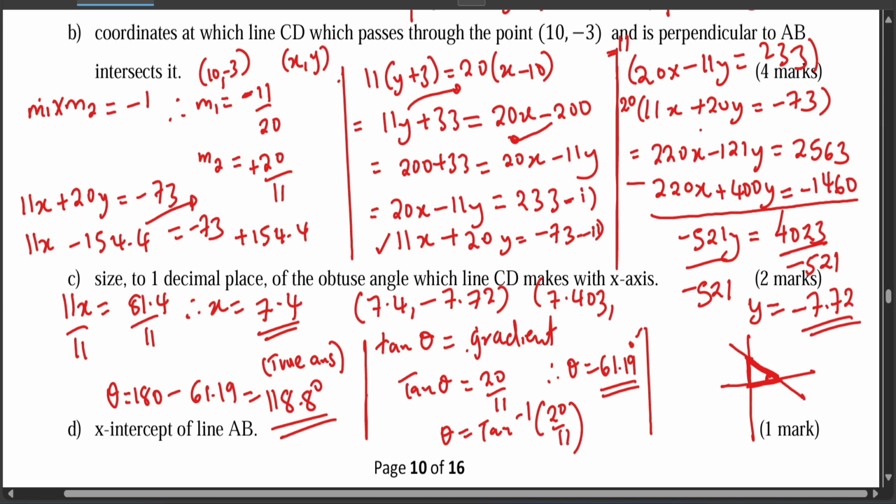Pia kwa y coordinate ukaandika negative 7.722. So all in all, bado ni right. So you can follow any, but still correct. So with that, nadhani tuko pamoja.